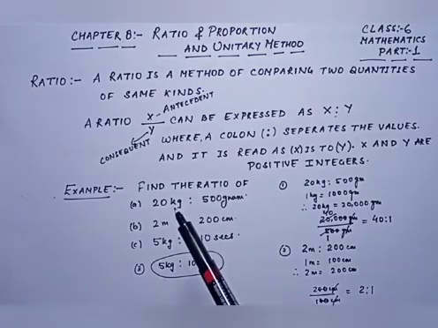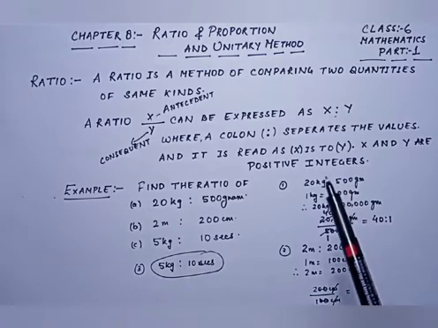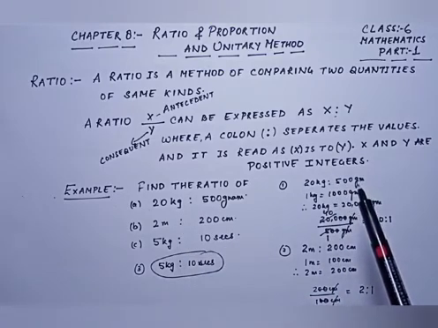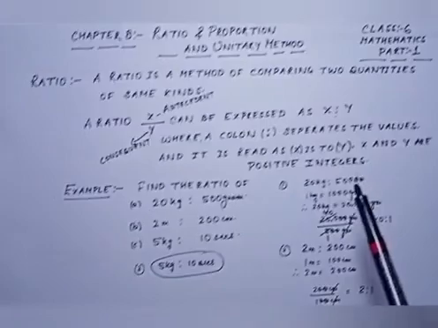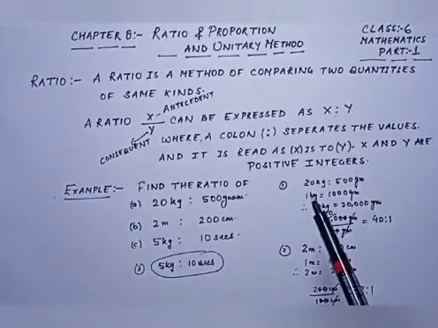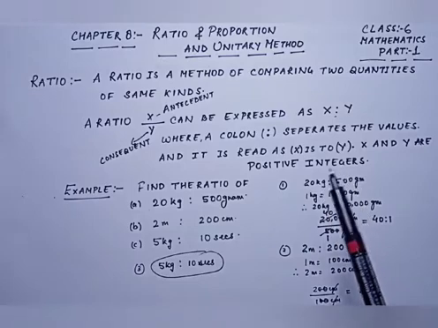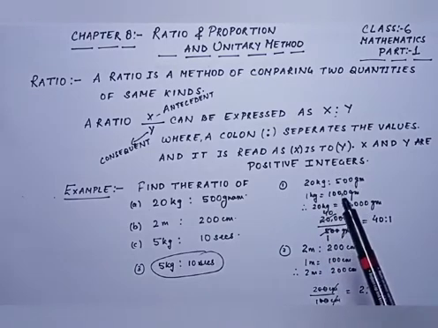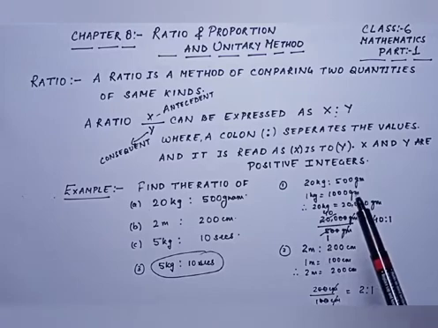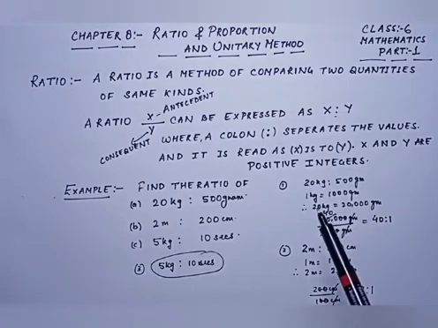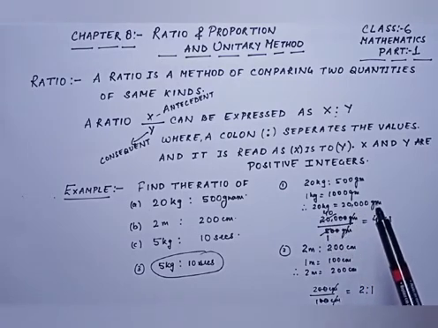So let us see with the help of an example. 20 kg is to 500 gram. Both the quantities are in different units, so we convert gram into kg or kg into gram. It is better to convert kg into gram. So 1 kg is equal to 1000 gram, as we all know. So 20 kg is equal to 20,000 gram.